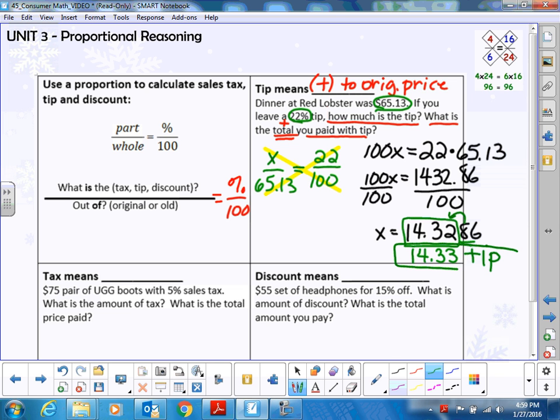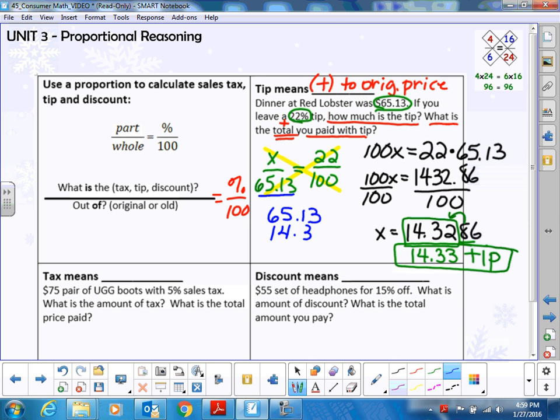That answers the first question. Now, the second question says, what is the total that we're going to pay with tip? So now we have to take our original price, which was the $65.13, and we're going to do something with that tip.